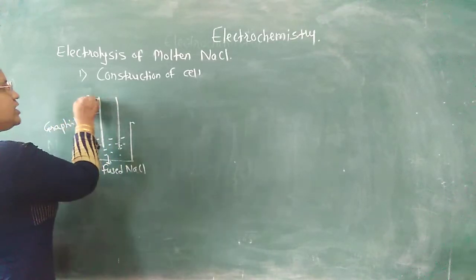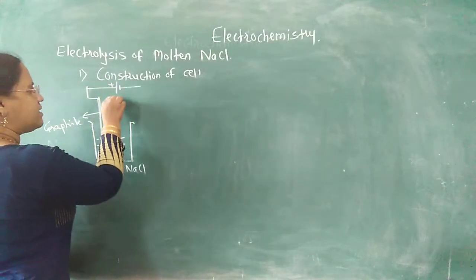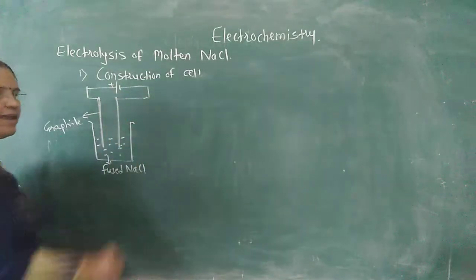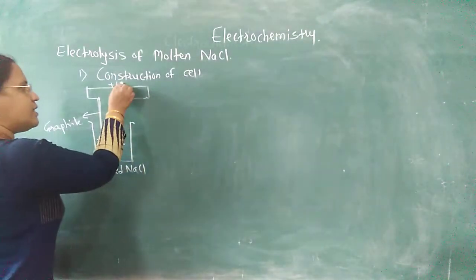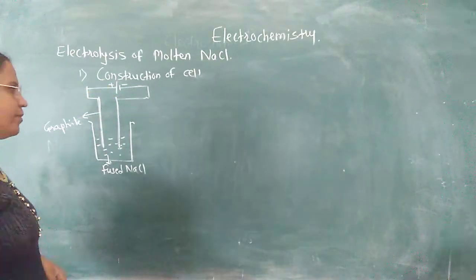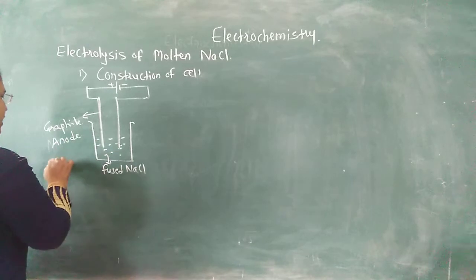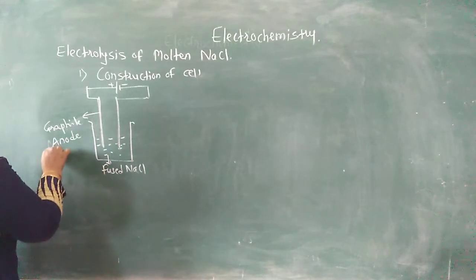The graphite electrode connected to the positive terminal of the battery, the direct source of electricity, acts as an anode where the oxidation half reaction takes place.